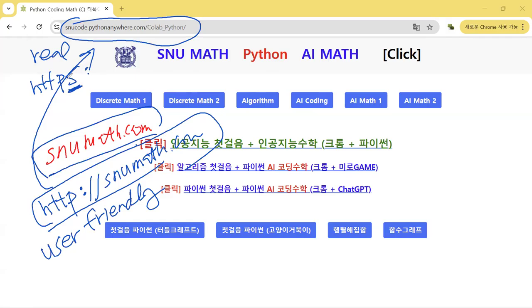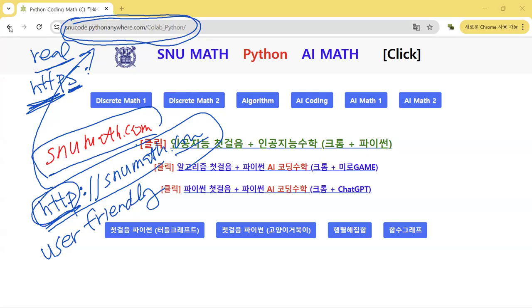So this address is more secure than the HTTP address. Anyway, please use HTTP snoomath.com, then automatically this will be replaced by the more secure real address.